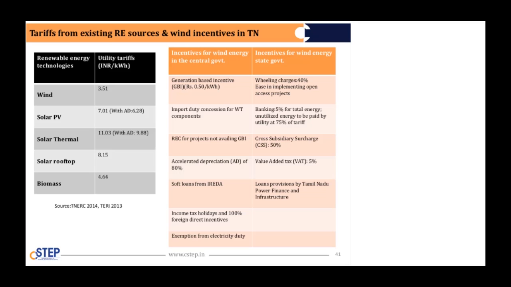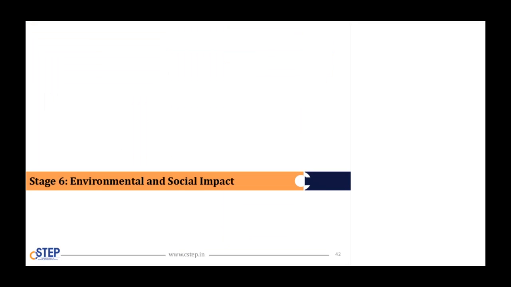So if offshore wind tomorrow has to catch up, it drastically needs some incentives from the state and national government. Some of the incentives that could be considered are the already existing incentives, such as generation-based incentives, import duty excise, accelerated depreciation, soft loans from IREDA, etc. All these mechanisms could be used to give impetus to the offshore industry.